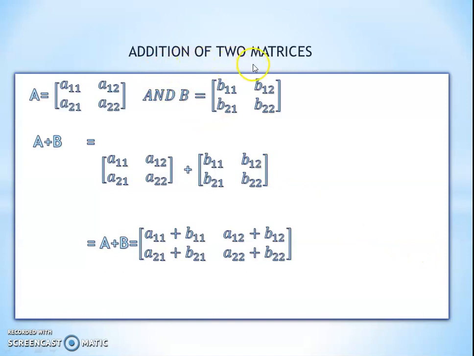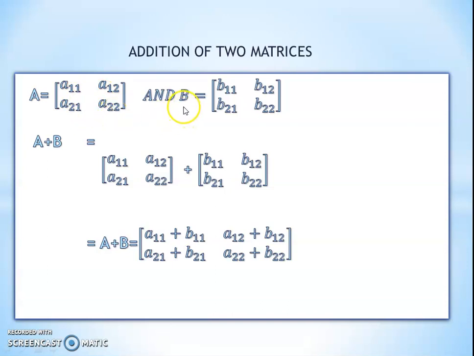We have to study addition of two matrices. What does that mean? Suppose I give the square matrix A, which means two rows and two columns: A11, A12, A21, A22. That means A11, A21 is the first column, A12, A22 the second column, A11, A12 the first row, A21, A22 the second row.